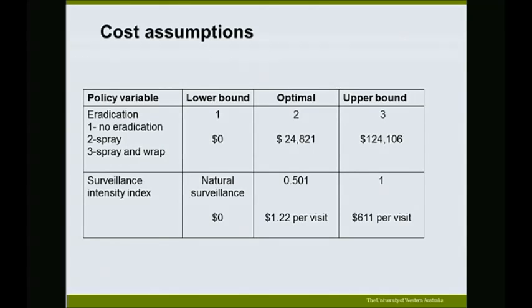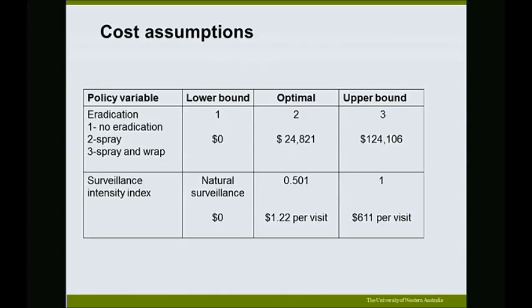So we ran simulated annealing, and we found that the optimal solution was to go for a moderate level of eradication, that is spray, but not wrap and spray. So there were just three options here: do nothing, moderate eradication, and then the highest level of eradication, which was both wrapping and spraying.